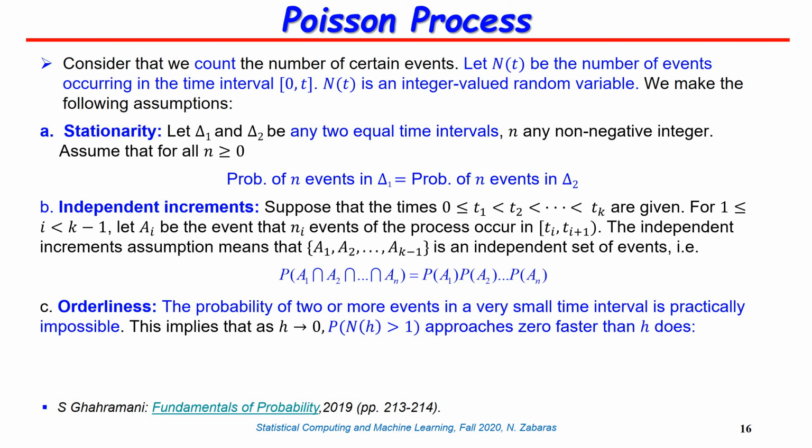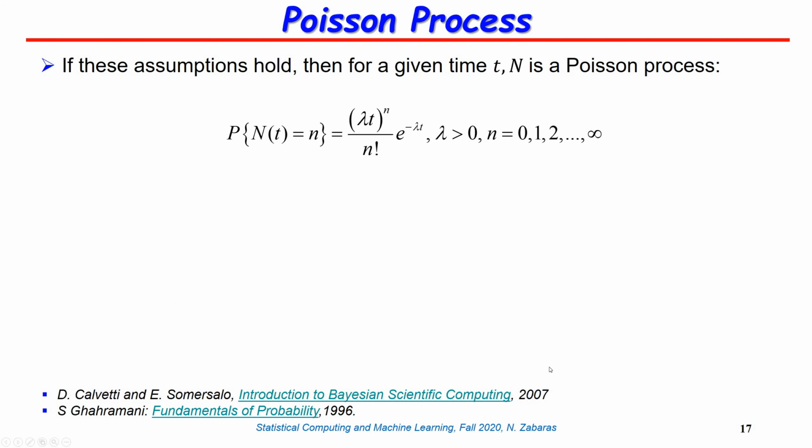So if you consult those two pages from this textbook on the fundamentals of probability, these three properties, together with the assumption that N of t counts an integer valued random variable, define what is called a Poisson process. Let me summarize what we have said up to now. This Poisson process, and I'm not giving you a proof, counts the number of events from 0 to time t.